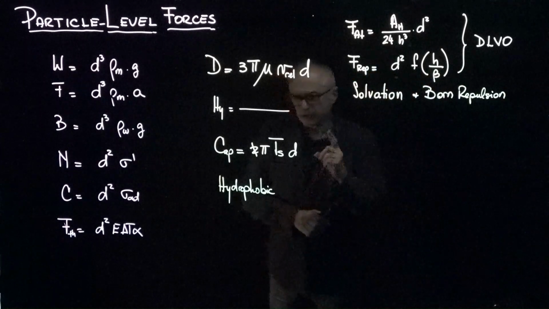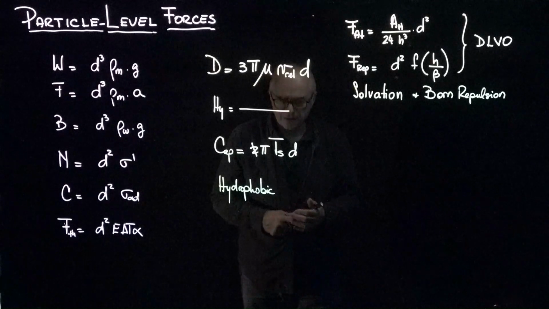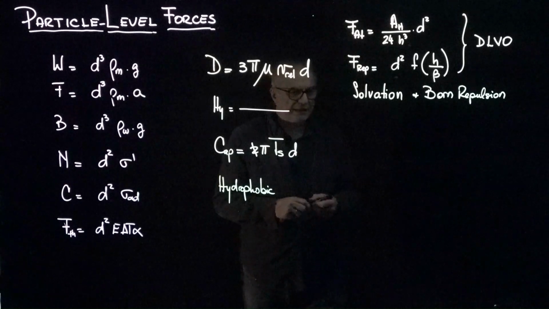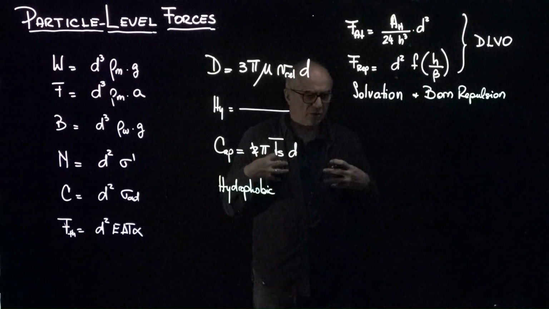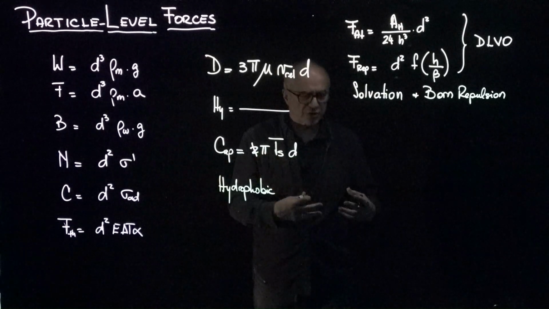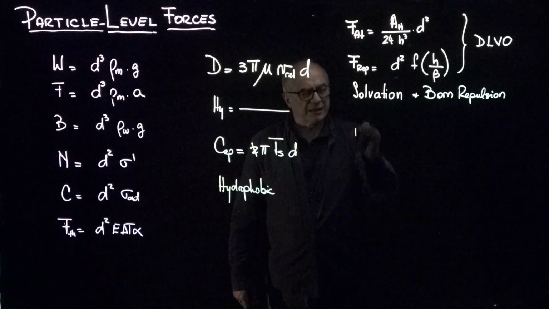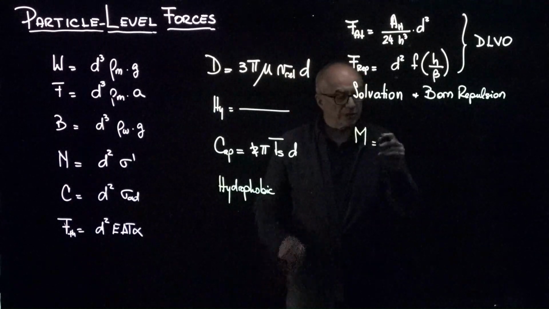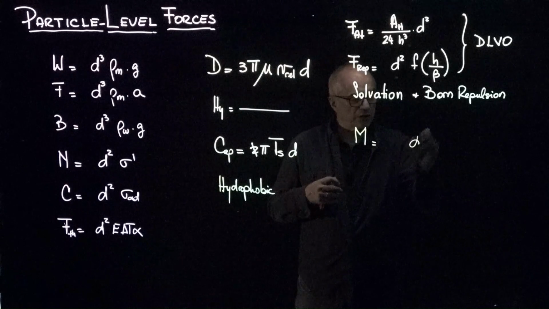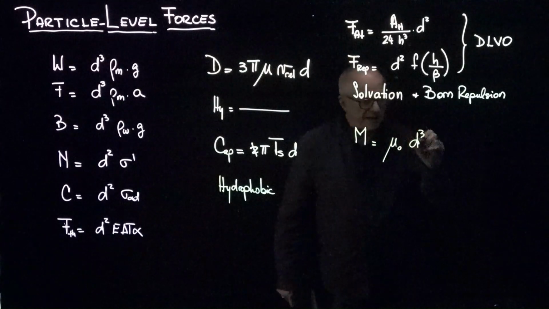There is one more force that I would like to mention, because it may open quite unique opportunities, and that is a force that a ferromagnetic particle would experience approaching a magnetic pole. And so let's call that the magnetic force, and that magnetic force is proportional to the mass, so it's proportional to d cubed, and this is the magnetic permeability of free space.